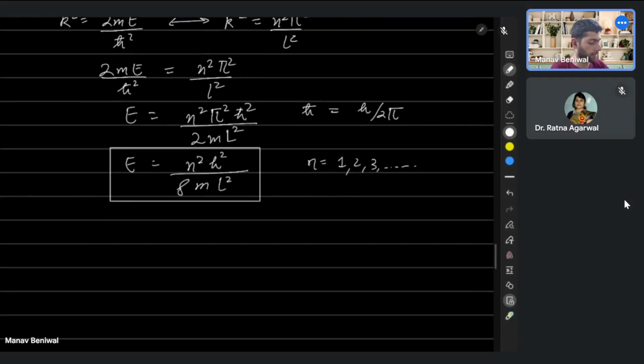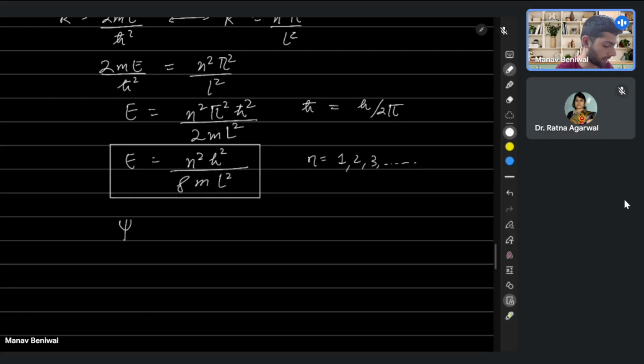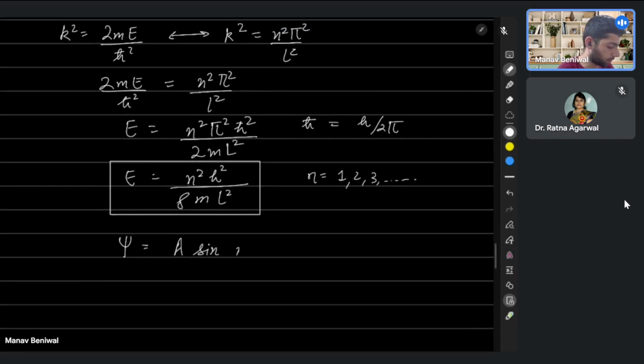Okay, and we can also write out our wave function psi. So this was just a sine kx, and k we have got to be n pi x over L. So this is our wave function. Now if we normalize this, so this is the normalization condition.